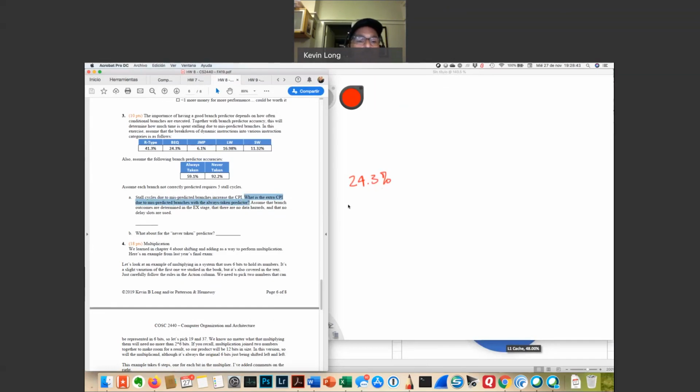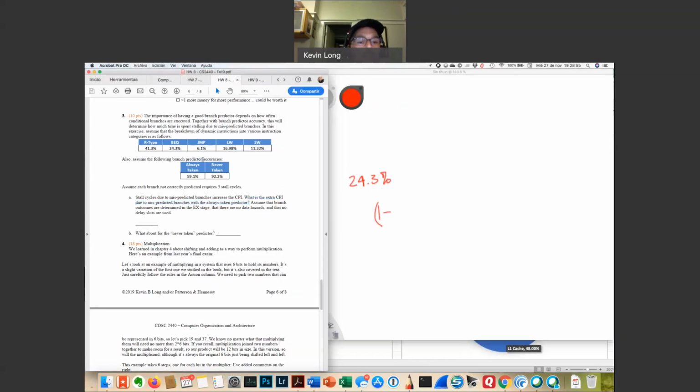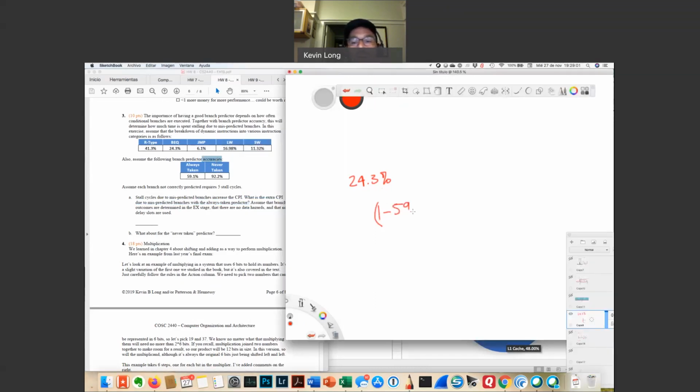Well, it's simple in this case. You're basically going to take the 59.1, and this is an accuracy measurement, right? So this is the percentage of time it's right. So in order to figure out what the penalty is when it's wrong, I have to subtract that from 100.